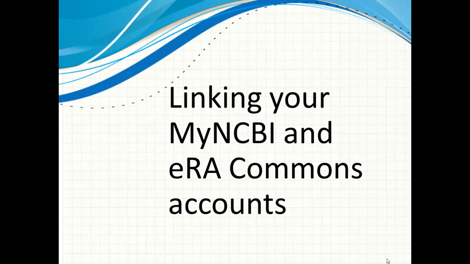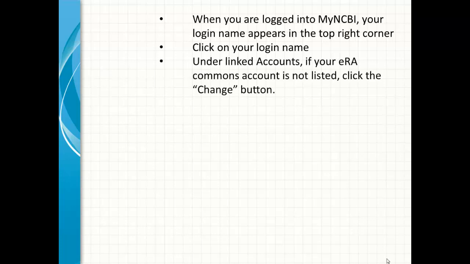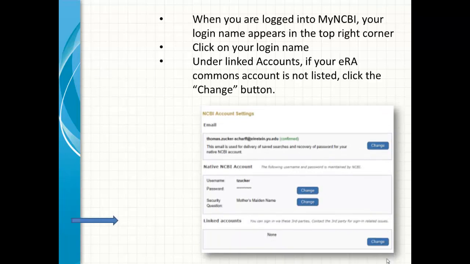Linking your MyNCBI and ERA Commons accounts. When you are logged into PubMed, the name you use to register for MyNCBI appears in the top right corner. Click on your login name. In the following screen, locate the Linked Accounts section. If your ERA Commons account is not listed, click the Change button to add it.